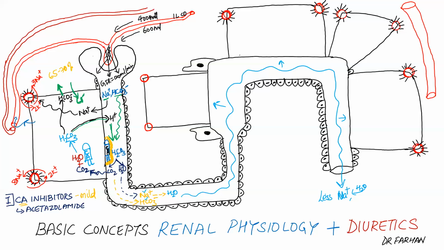So you say that carbonic anhydrase inhibitors are very mild diuretics. If a patient has a BP of around, let's say, 160 by 80, you can give those patients mild diuretics, which are nothing but your carbonic anhydrase inhibitors. So this is about the carbonic anhydrase inhibitors.